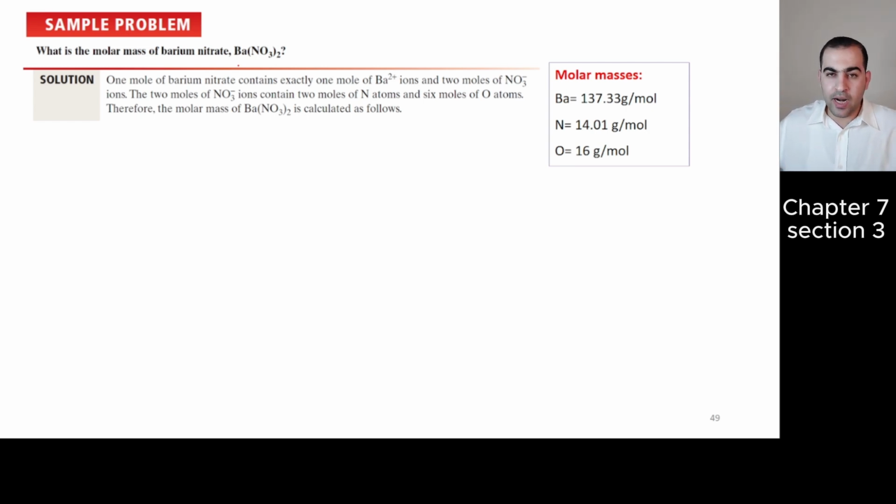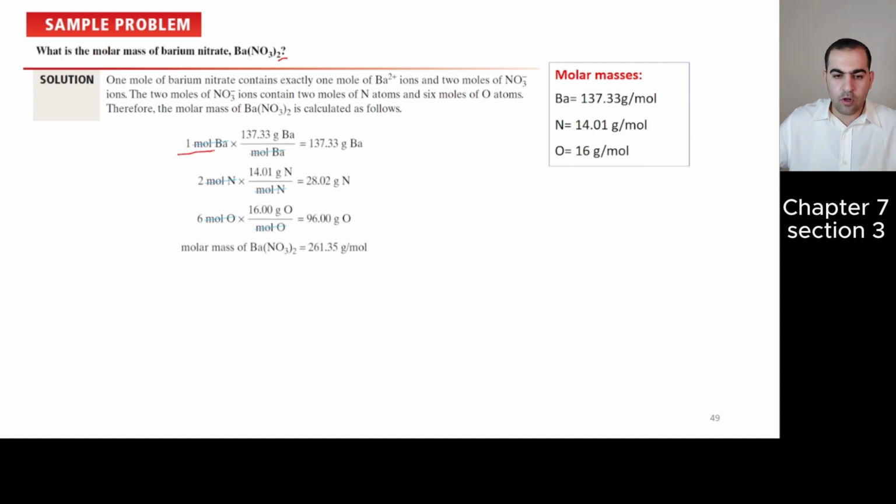So in 1 mole of barium nitrate, we need to know how many moles of barium we have. 1 mole. How many nitrogen? 2 nitrogen. That number is for everything inside the bracket. Means 2 times 1, 2. 2 times 3, 6. We do it like that. So we have 1 mole of barium, 2 mole of nitrogen, 6 mole of oxygen.